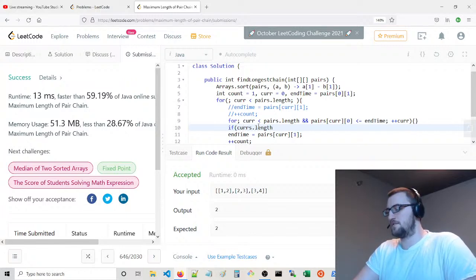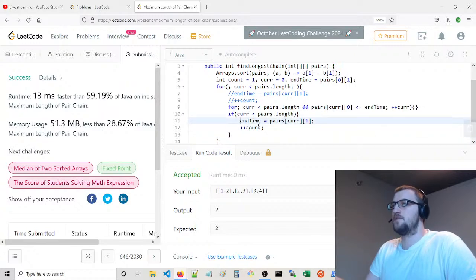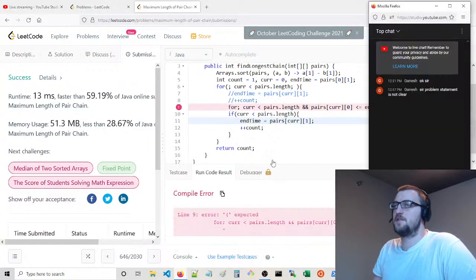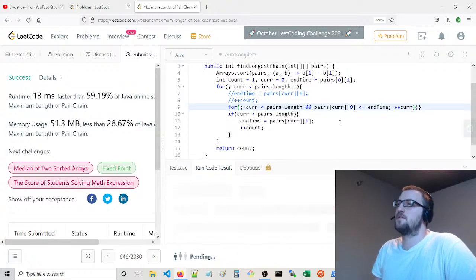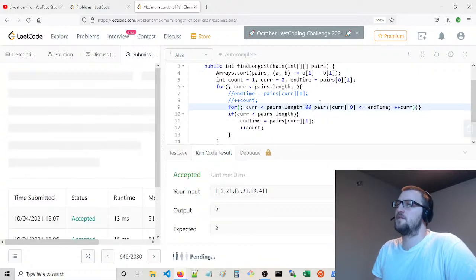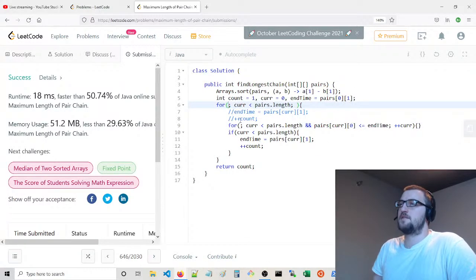Otherwise you get a null pointer exception here when you run off the edge. Interesting. So we'll use a while loop.